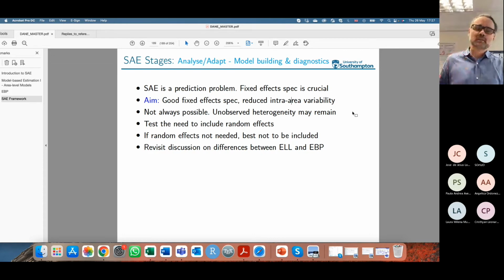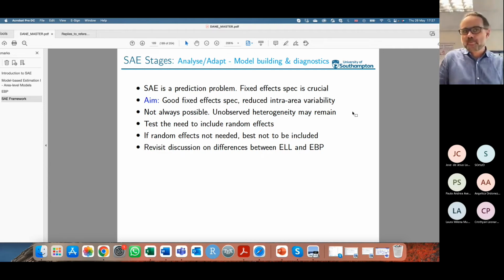This is not always possible, and you may have unobserved heterogeneity present in your data. That's where you need to start thinking, do I want to include random effects in my model or not? Remember, the random effect is that term in your model, the u_i term, that is typically included in a small area model. I'm not sure you include terms like that in the methods you currently consider.